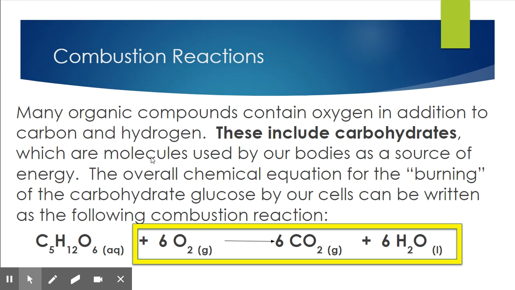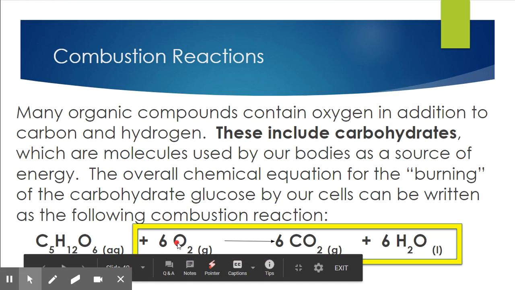Now, it's important that you realize whenever you are identifying if something is a combustion reaction, you will always have oxygen. Okay, so you'll always have either CHO or you'll have CH here, and you're always going to have plus oxygen yields carbon dioxide and H2O, or CO2 and water.